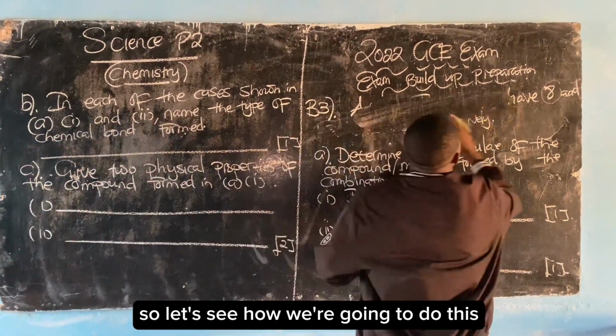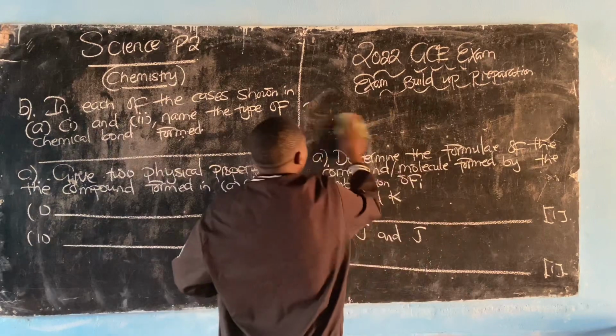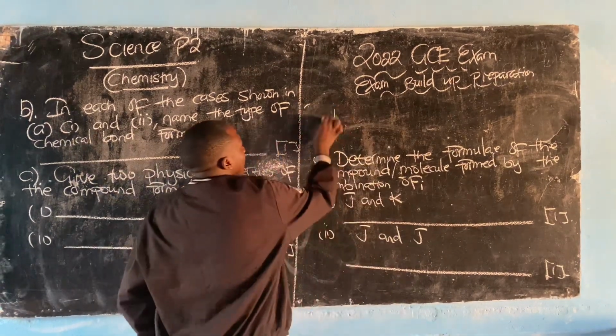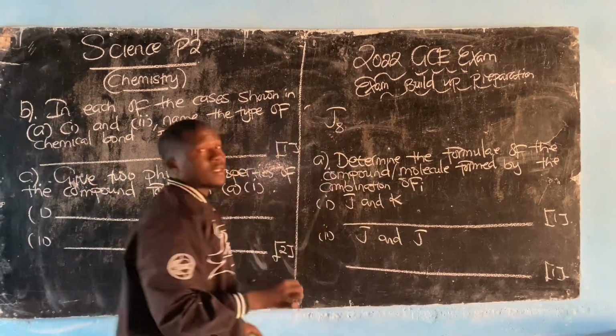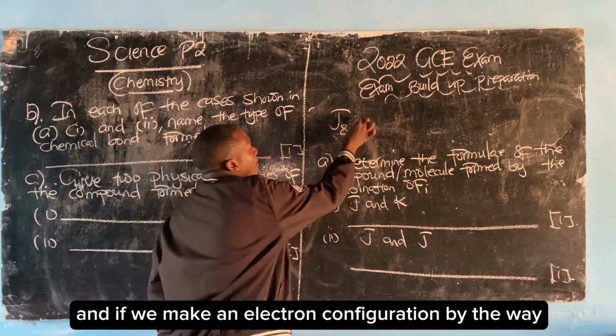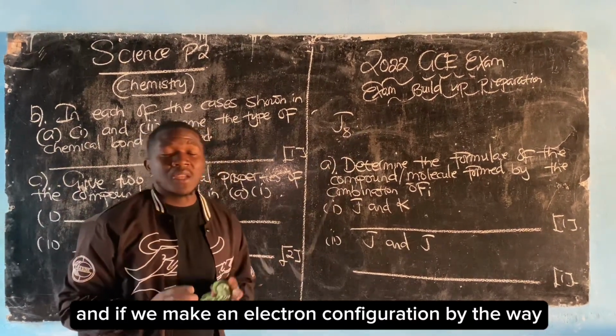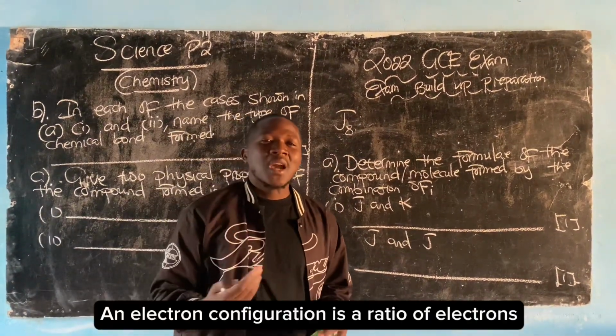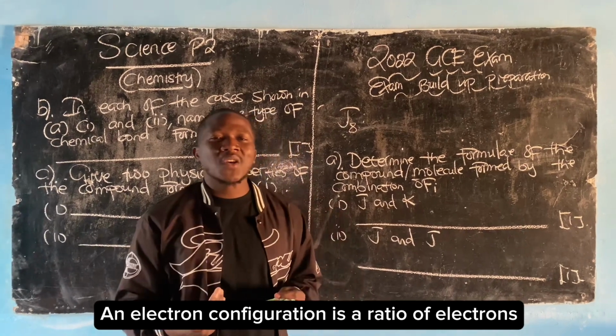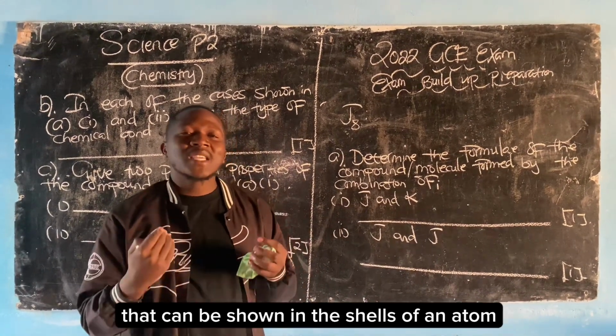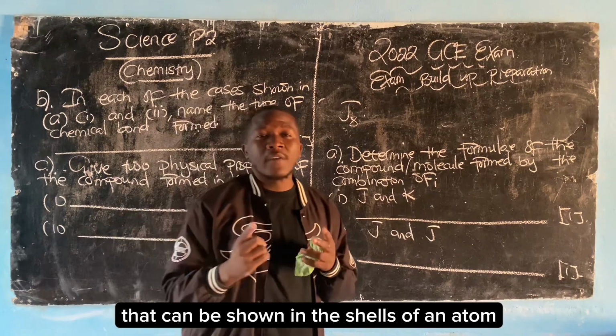So let's see how we're going to do this. Here we have J, so it has 8 electrons, and if we make an electron configuration, by the way, an electron configuration is a ratio of electrons that can be shown in the shells of an atom.